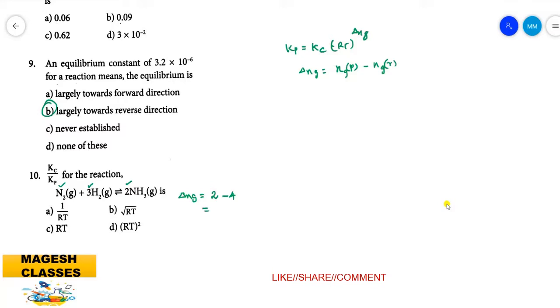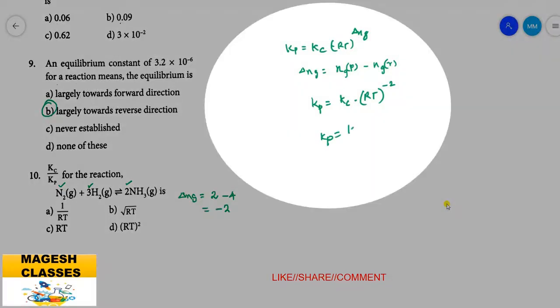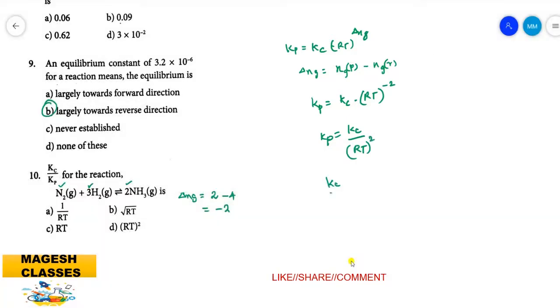This is equal to minus 2. By substituting, Kp is equal to Kc into RT to the power of minus 2, or Kp is equal to Kc divided by RT squared. So Kc by Kp is equal to RT squared. So the answer is D.